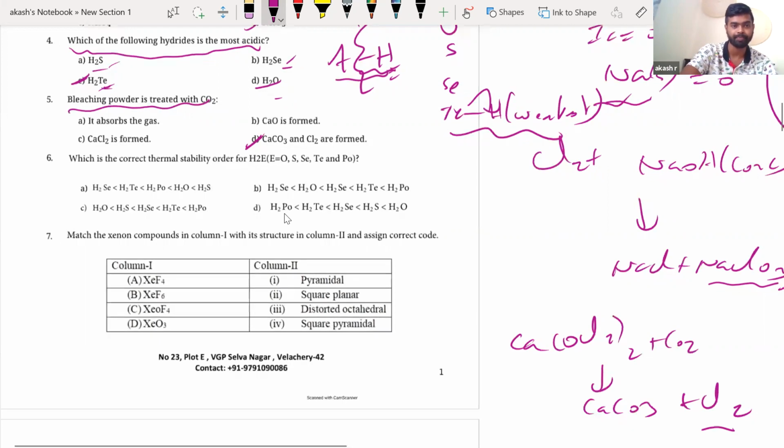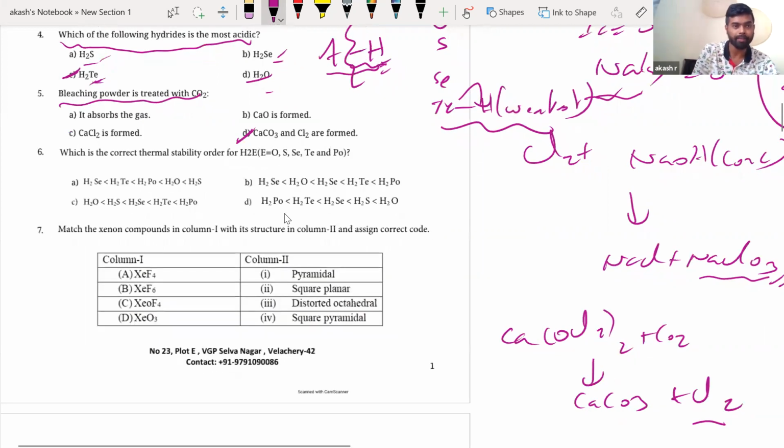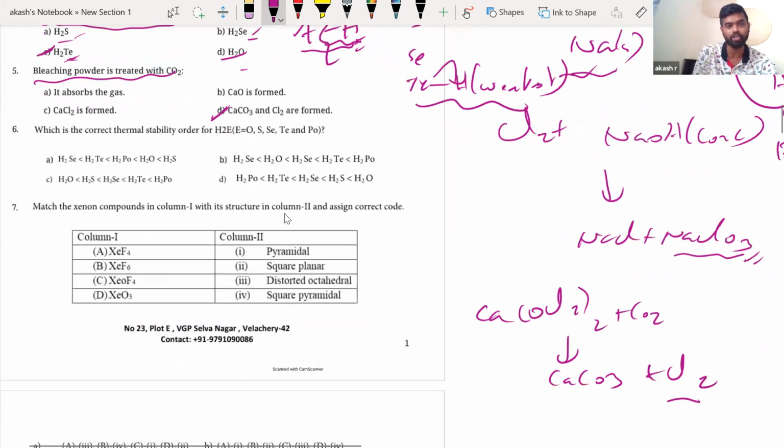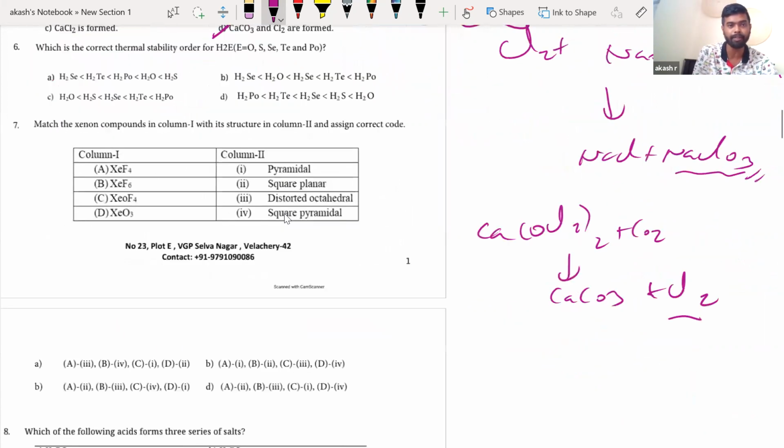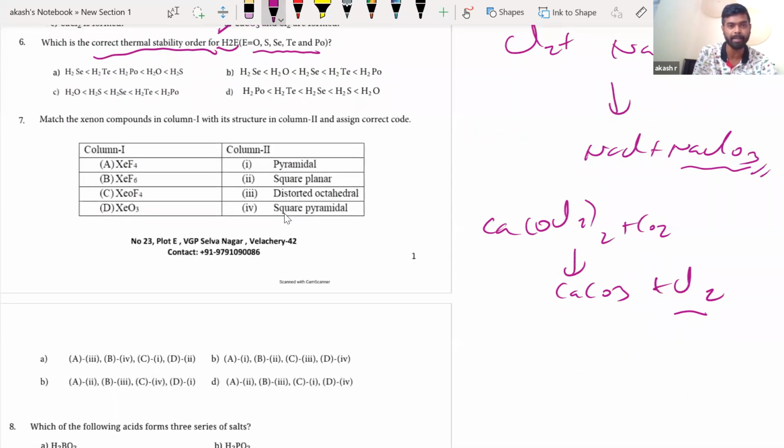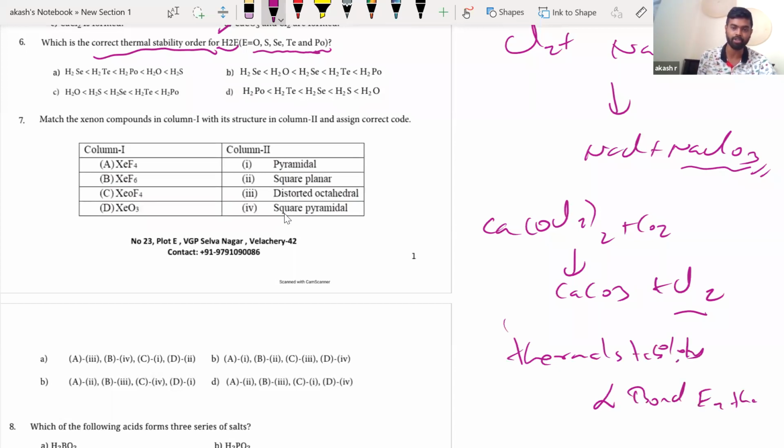Okay, next. The correct order of thermal stability of H2E, where E can be oxygen, sulfur, selenium, tellurium, and polonium. Now just now we saw acidic strength. If they ask you about thermal stability, that is directly proportional to the bond energy or the bond enthalpy. A stronger bond means very stable, right? When I have a very strong bond, that means it is very stable.